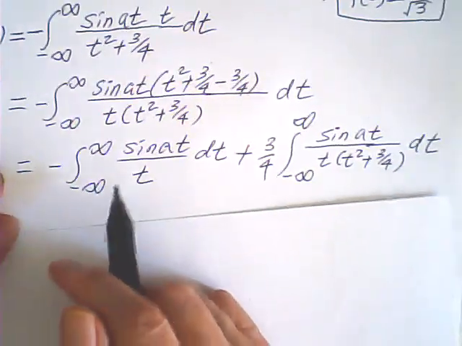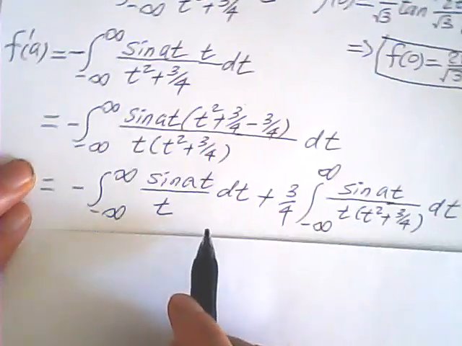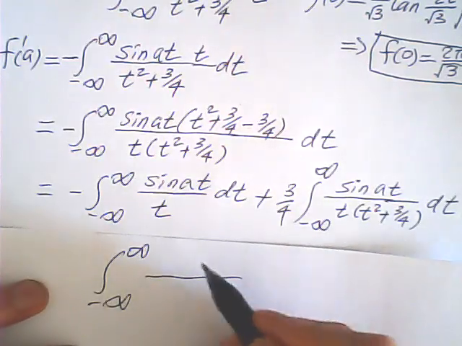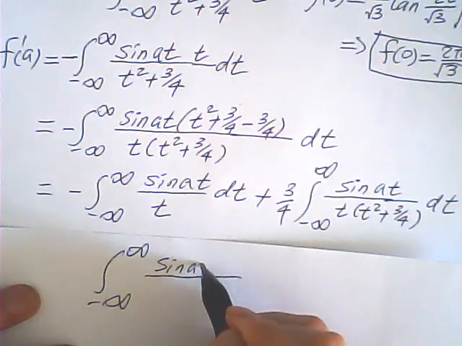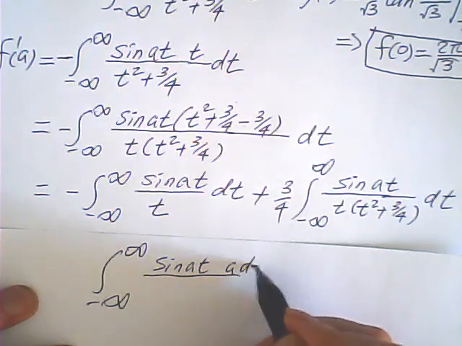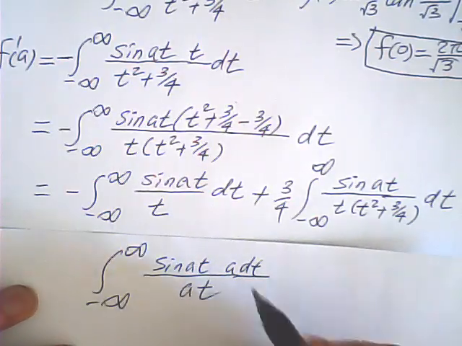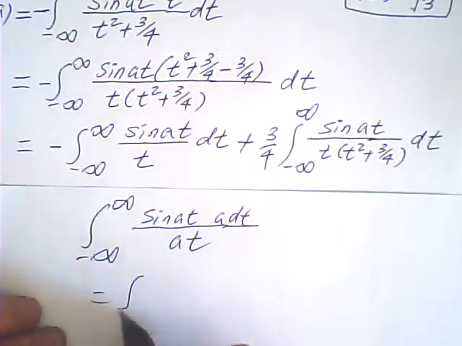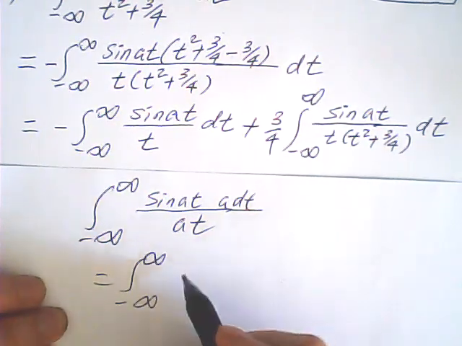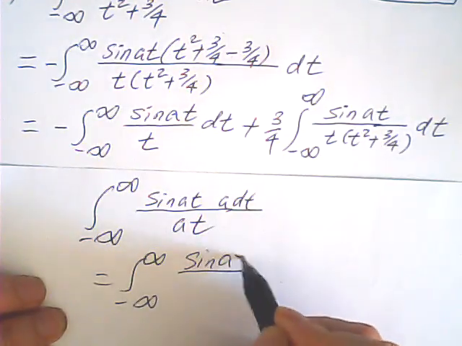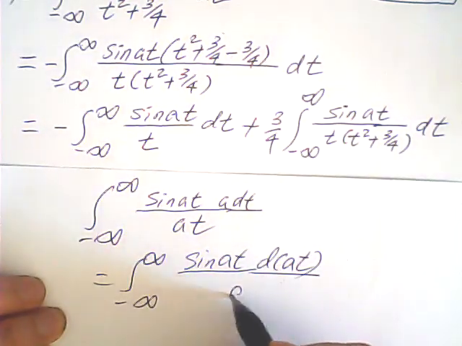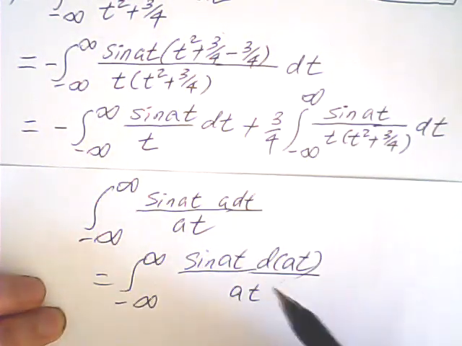For this first one, I can multiply by a here and divide by a there. So this is the integral of sine at over at, d(at).